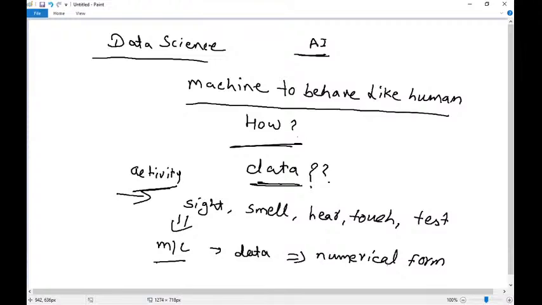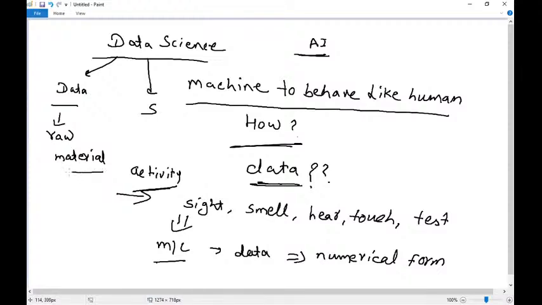So the data is basically the raw material, whatever you are having. And we need to use that data. In data science there are 2 terms, one is data and another one is science. So data is, you can say, the raw material, everything, whatever we are having.